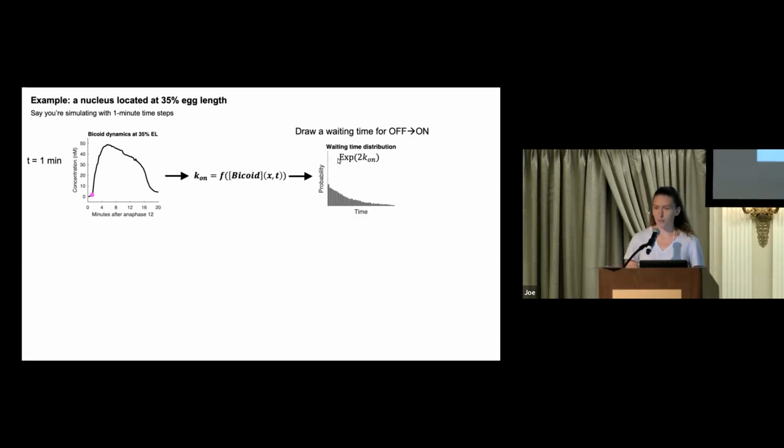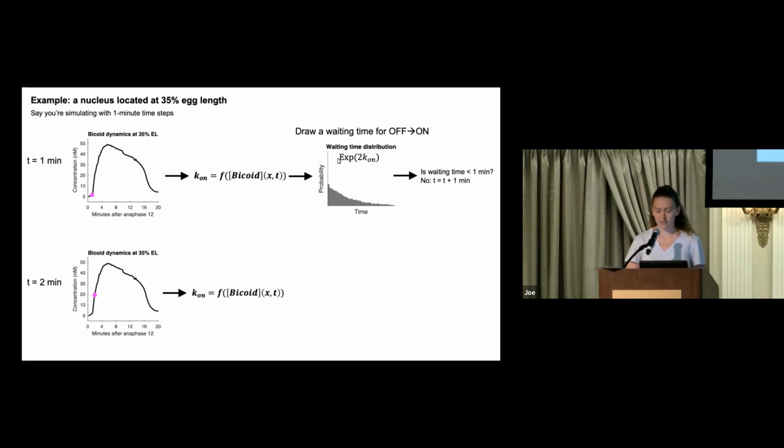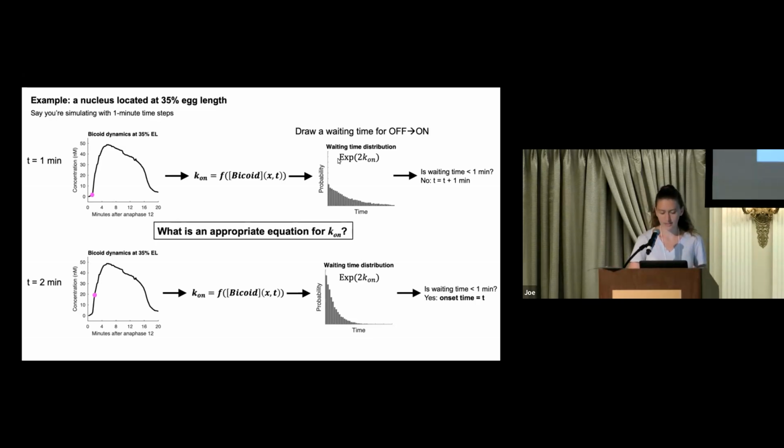You then draw from the waiting time distribution associated with K on. And if it is longer than the time step, then you proceed to the next time point where Bicoid concentrations have increased. You then re-estimate K on. Now that your waiting times have shifted towards smaller time intervals, you're more likely to draw a smaller time and record the onset time.